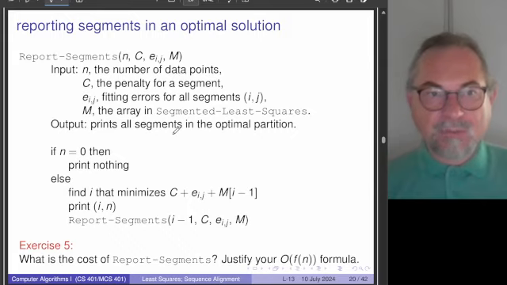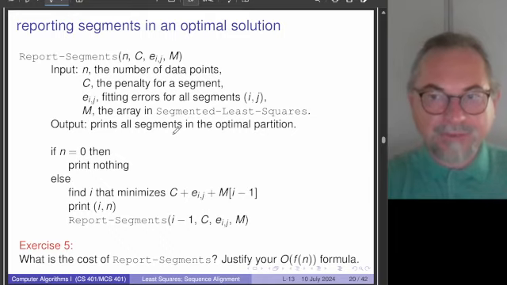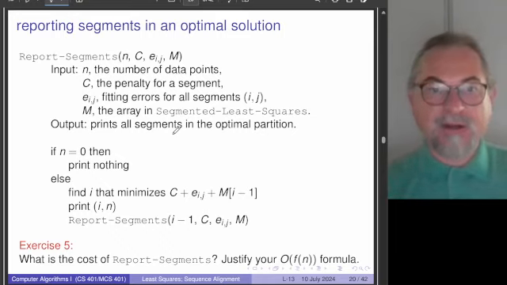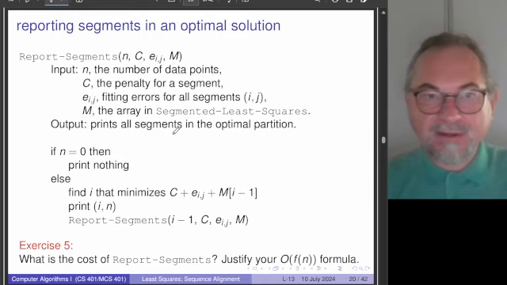So when we have the output of the previous algorithm, and the output is essentially one array M, we also have the errors there that we have computed. Then there is a recursive algorithm, so there is a base case.